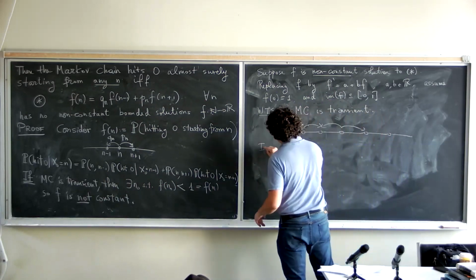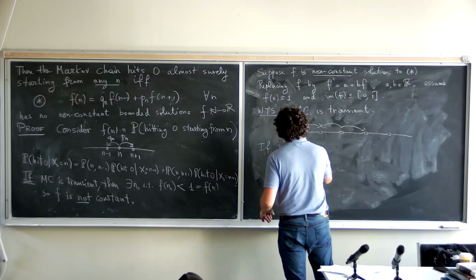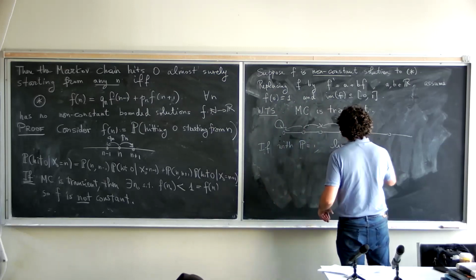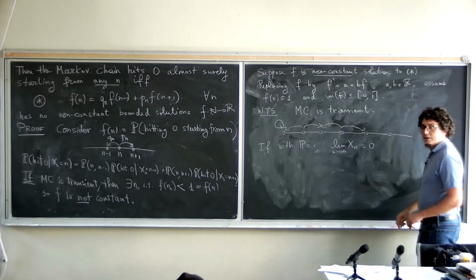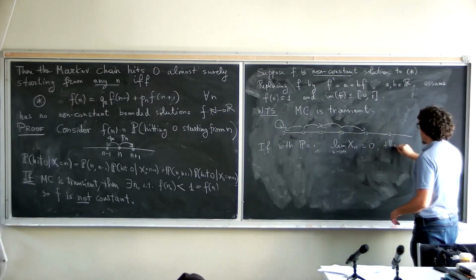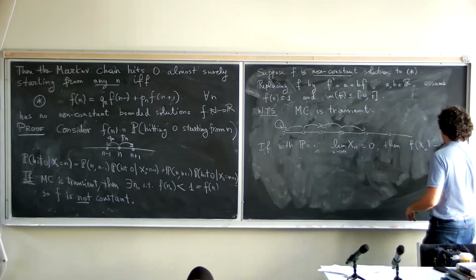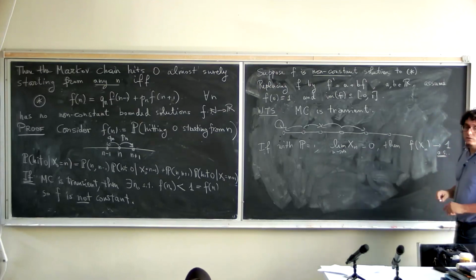Because if with probability 1 the limit of xn is 0, then f of xn also goes to 1 almost surely.